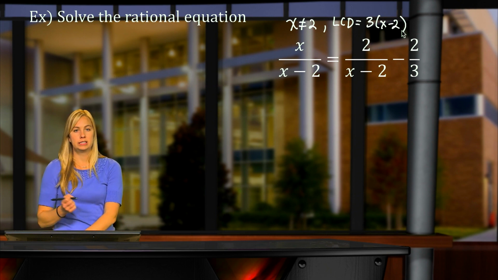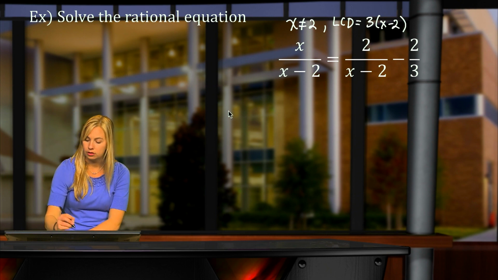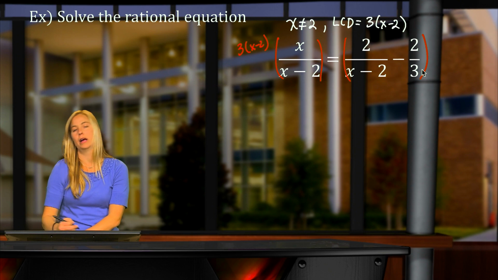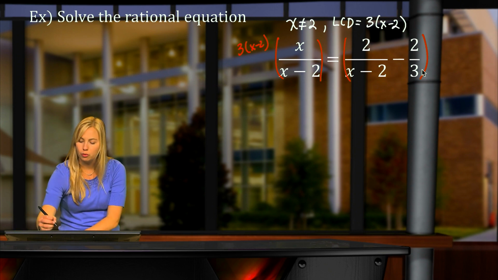We're going to multiply both sides of the equation by 3 times x minus 2. And you want to make sure when you multiply through by the LCD that you leave it in factored form.